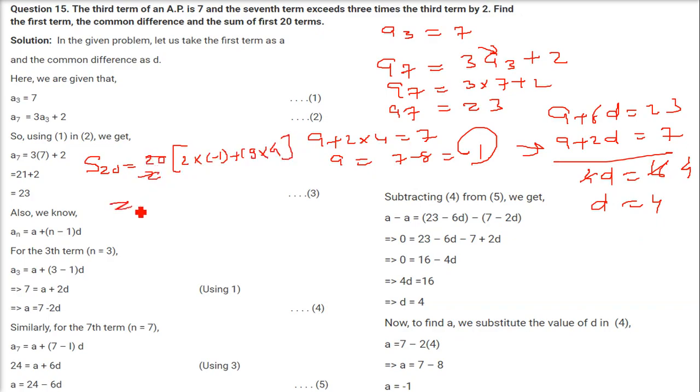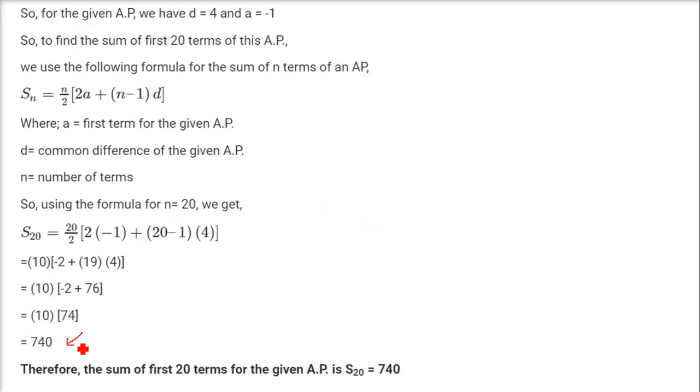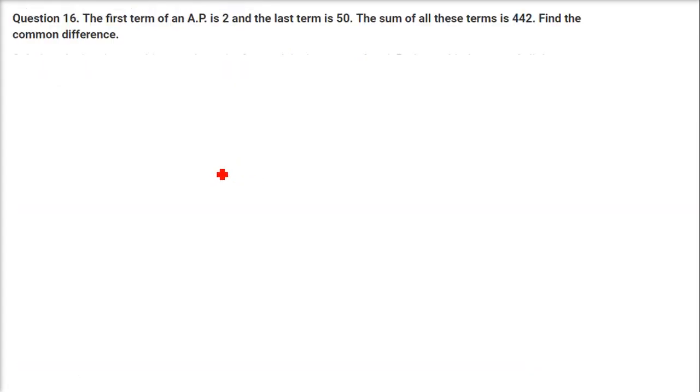So what do you get? 2 10s are 20, 2 into minus 1 is minus 2, and 19 into 4. 9 4s are 36, carry 3, 4 1s are 4, 7, 76. It will be 76 minus 2, it's 74. So what is the answer? 74 into 10 is 740. So this is how you are going to do it.